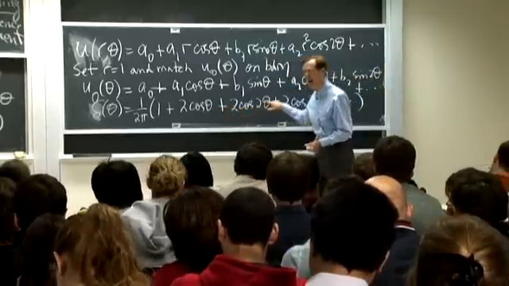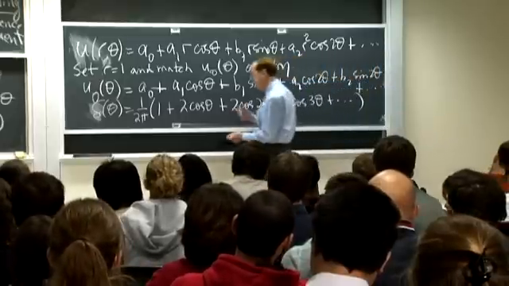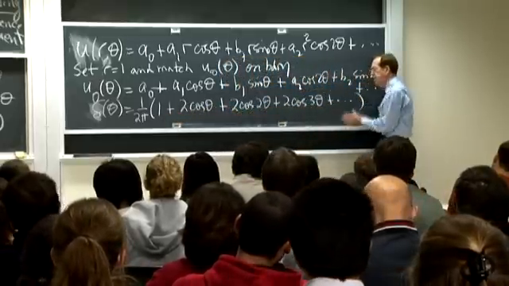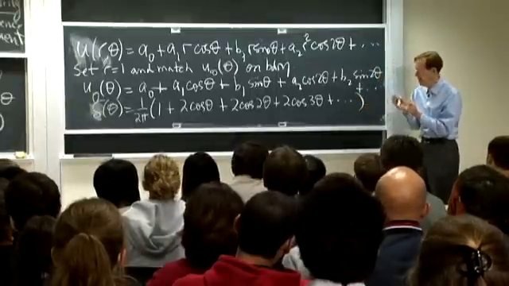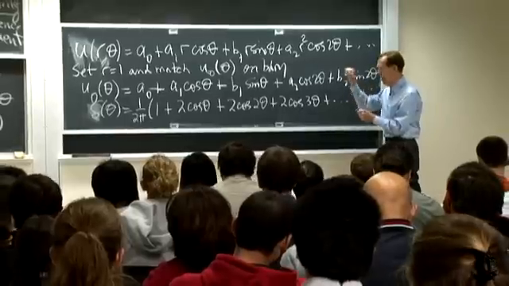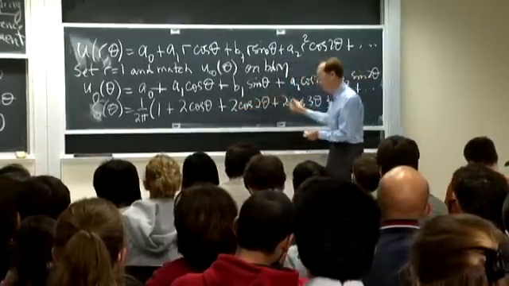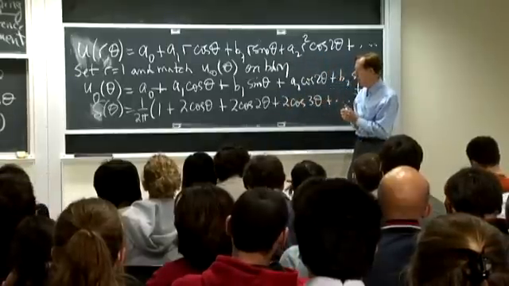Well, all these cosine thetas are 1. So the series at theta equals 0 is 1 plus 2 plus 2 plus 2 plus 2. It's infinite. And that's what we want. The delta function is infinite at theta equals 0. And it's periodic, of course, so if I go round to theta equal 2 pi, I'll come back to 0 again.